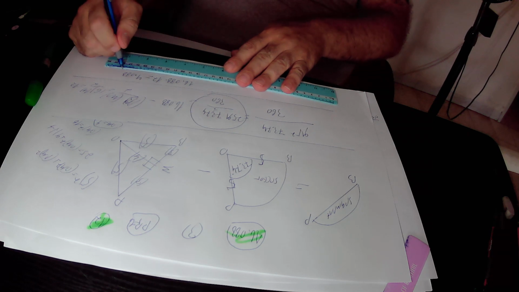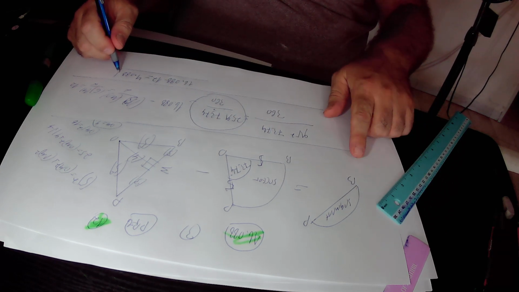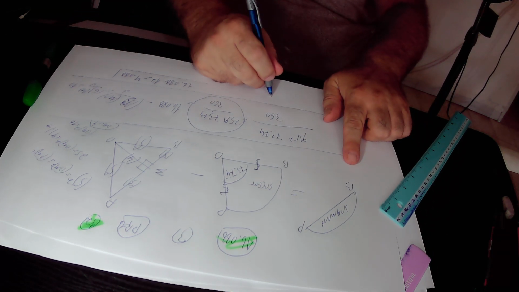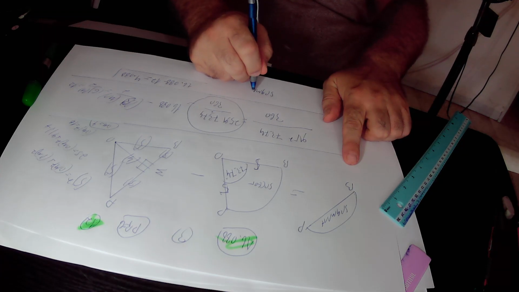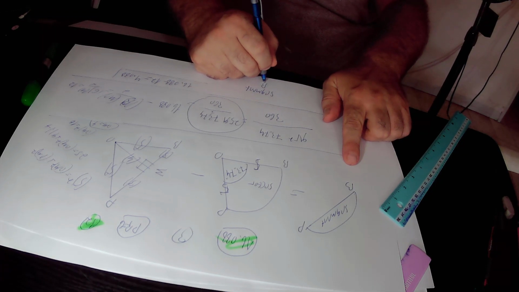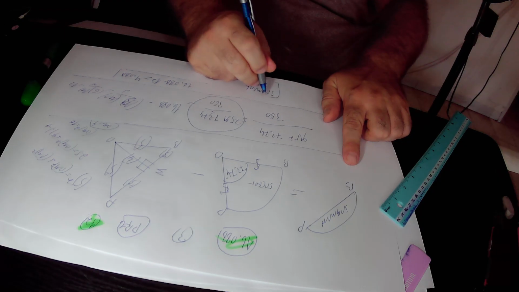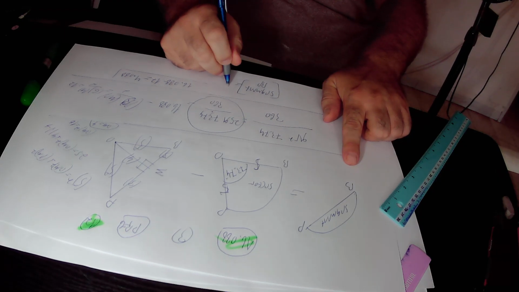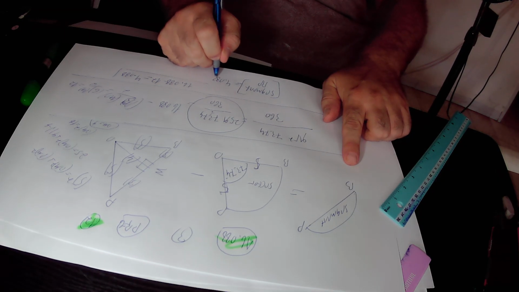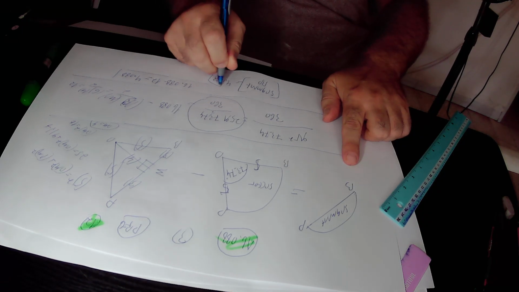So we found out that the area of segment BP is equal to 4.088 square units in its size.